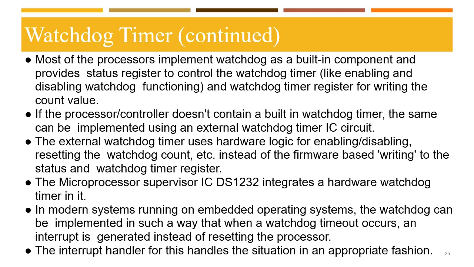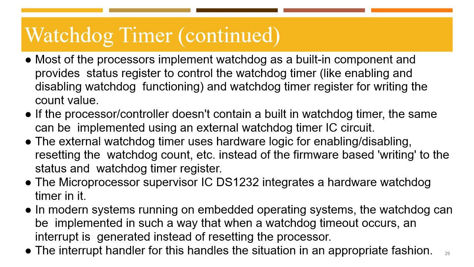The external watchdog timer uses hardware logic for enabling, disabling and resetting the watchdog count, instead of firmware based writing to the status and watchdog timer register. The microprocessor supervisor IC DS1232 integrates a hardware watchdog timer in it.